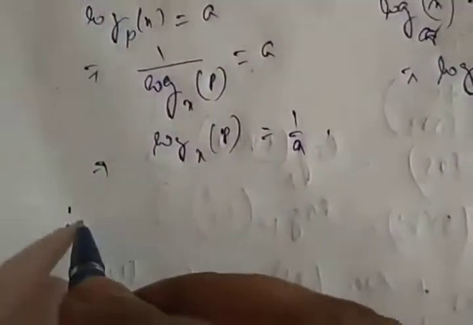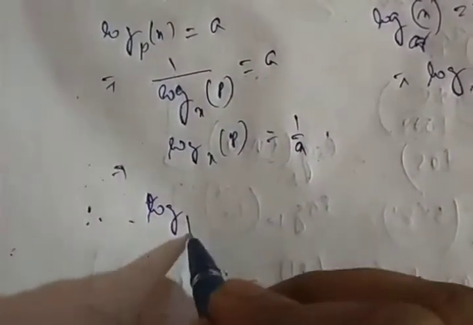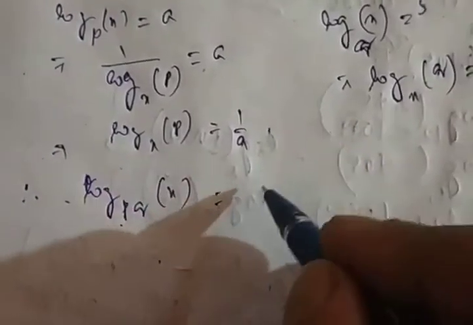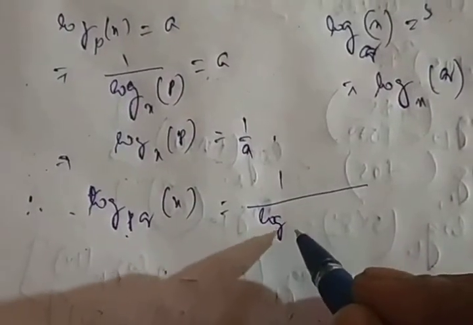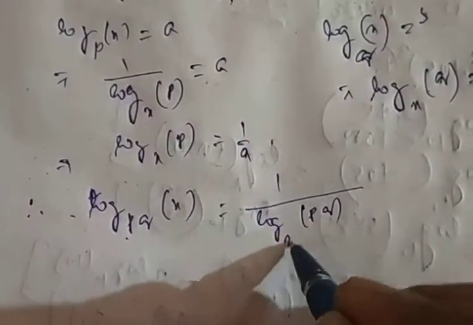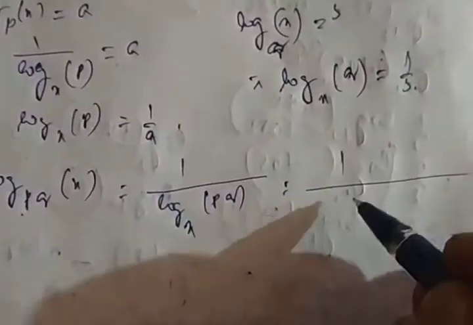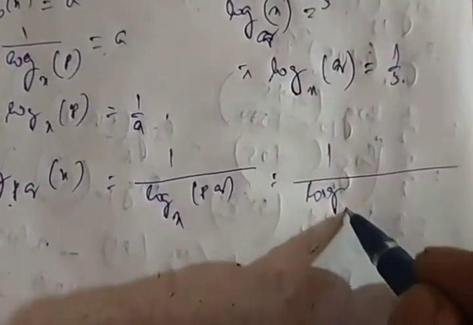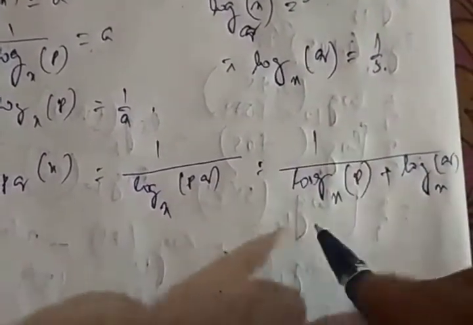Now we need to find the value of log of x with respect to base pq, which can be written as 1 by log of pq with respect to base x. Now using the formula, log of p with respect to base x plus log of q with respect to base x.